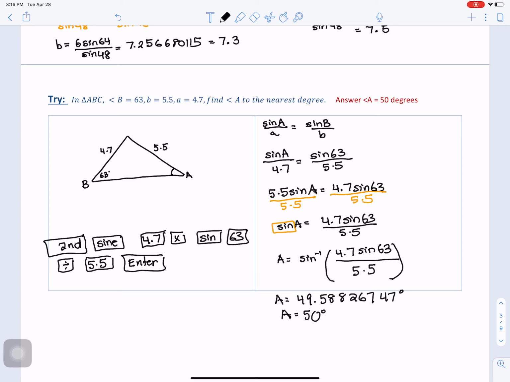So again, when you're doing it, every time you push the sine, they're going to give you a bracket. You need to end that bracket at the end of it. So we would end that bracket here. Now, when you push this sine, it's going to start a bracket. Make sure you end it as well. Divide by 5.5 and then hit enter.